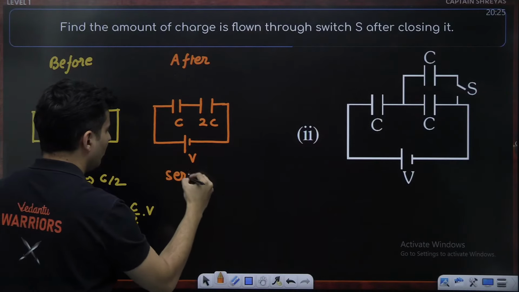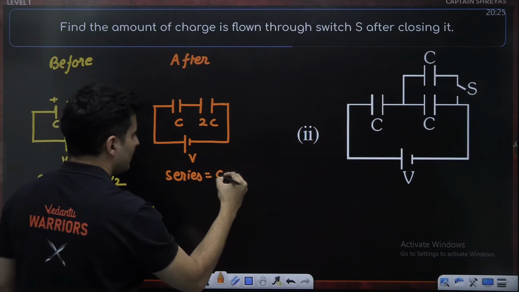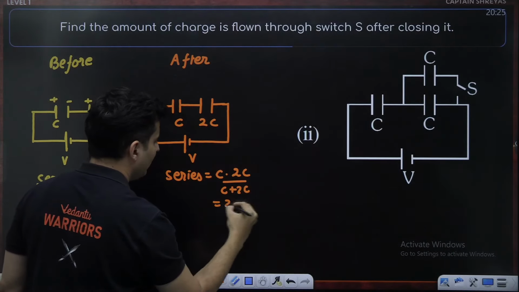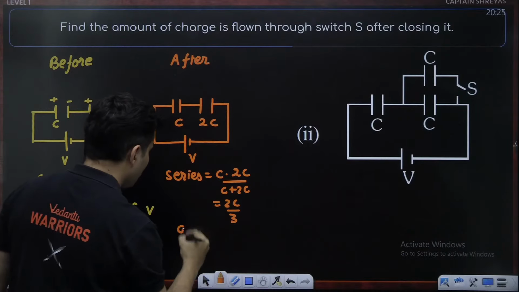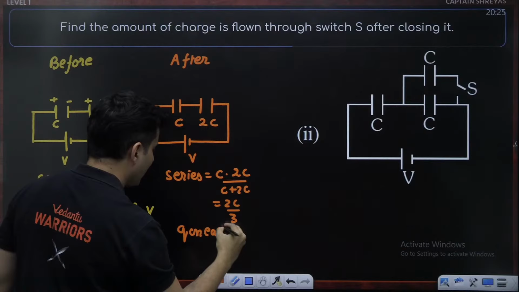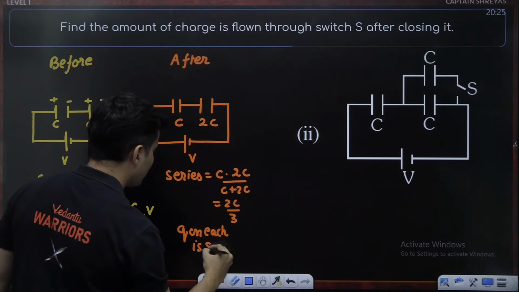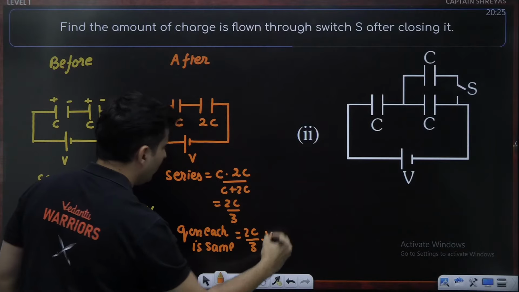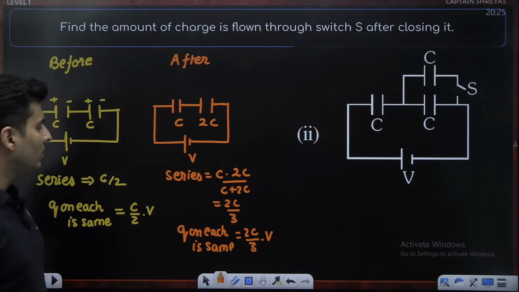The series combination will be C1 C2 by C1 plus C2, so it will be 2C divided by 3. The charge on both will be the same. So it will be 2C by 3 into the voltage.